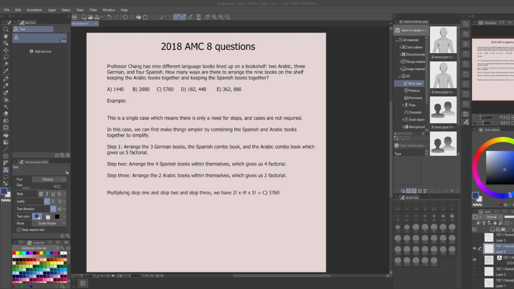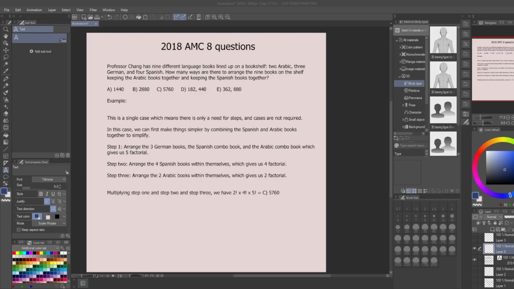Together, because we cannot separate them. So for step 1, we can arrange the 3 German books, 1 Spanish book, and the Arabic books together, which gives us 5 factorial. And for step 2, we can arrange the 4 Spanish books within themselves, which would give us 4 factorial.